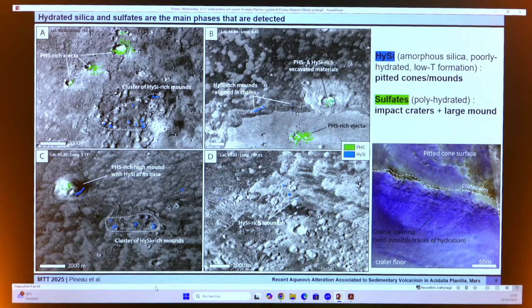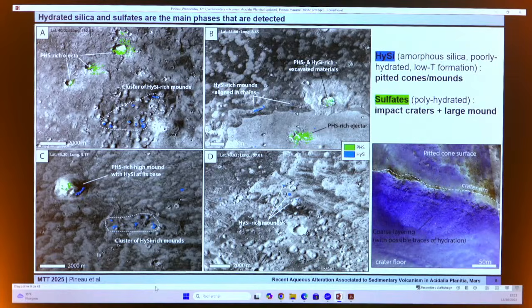We can see coarse layering with bottle-green materials that are bluish and turquoise in color in these high-res images that may indicate some kind of hydration. So silica is not only present at the surface of the cones, but also inside the cones. So the silica, the cones, the sulfates, and the mounds may share the same geological history.